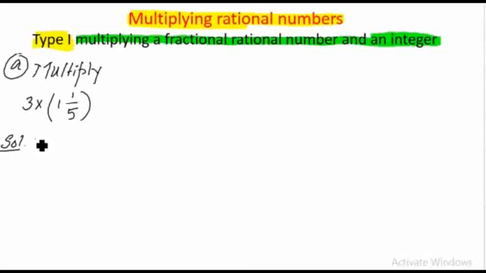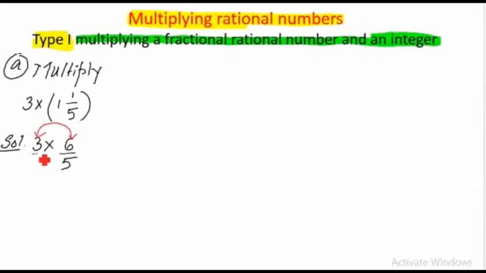So first 3 into, now this we have to convert into improper fraction. So 5 into 1 is 5, 5 plus 1 is 6 by 5. Now after this we can see here we can't cancel it by any of the table. So what we will do, we have to multiply numerator with numerator and denominator with denominator.